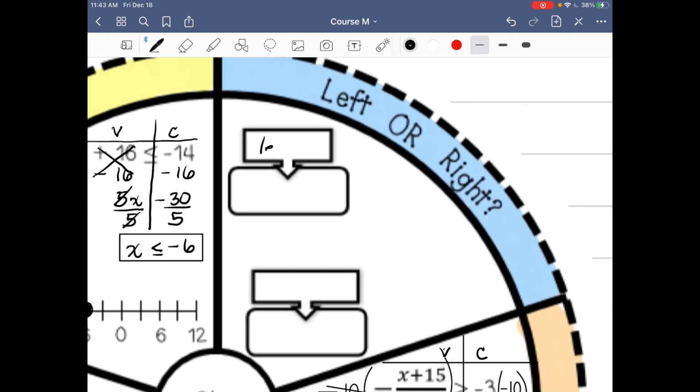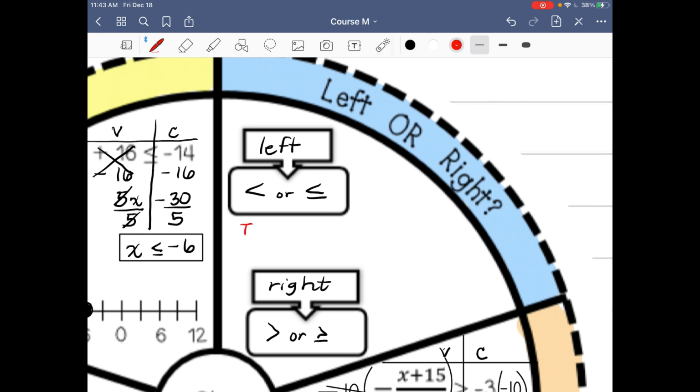If your arrows are pointing to the left, you shade to the left. So less than or less than or equal to. If your arrows are pointing to the right, which would be greater than or greater than or equal to, you will shade to the right.